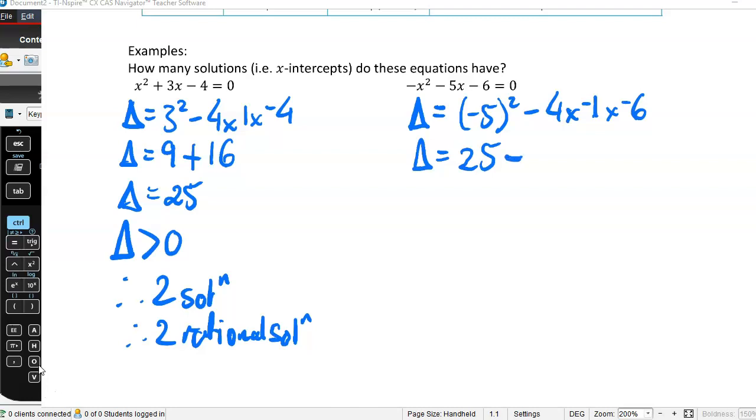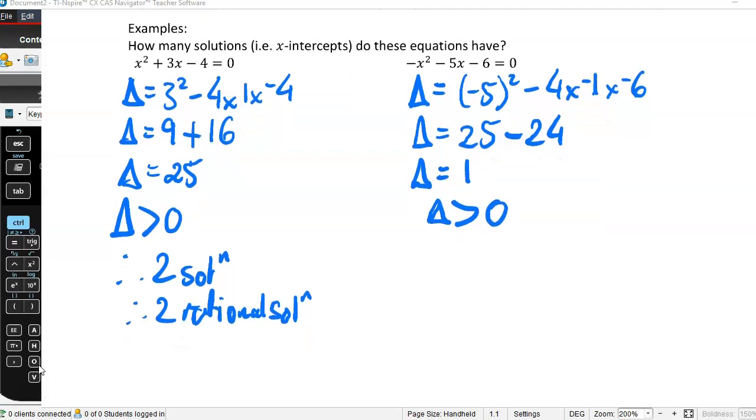So that's 25. Then negative 4 times negative 1 is positive 4, times negative 6 is negative 24. So my discriminant is equal to 1. The discriminant is greater than 0, so it's positive.